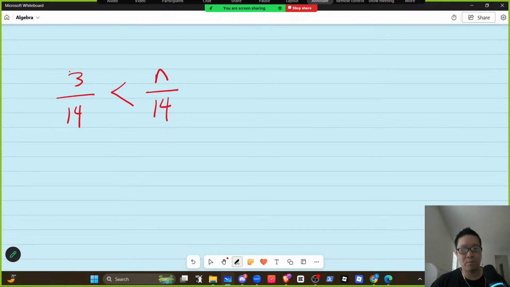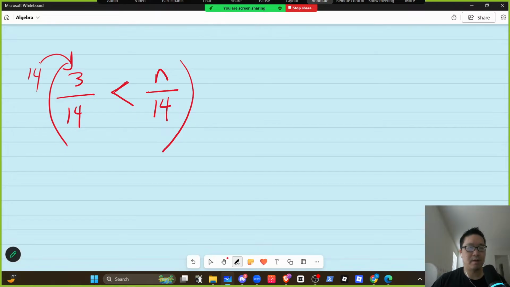And what would be your first step to solving for n in this one? Multiply the entire thing by 14. So when I do that, you're going to multiply that by 14, and you're going to end up with 3 is less than n.